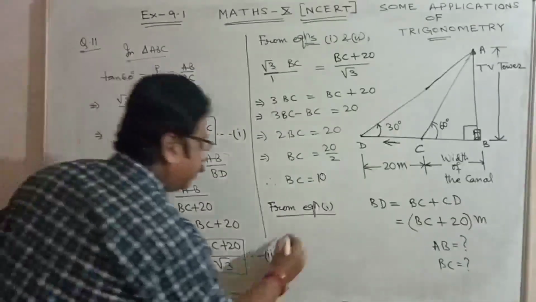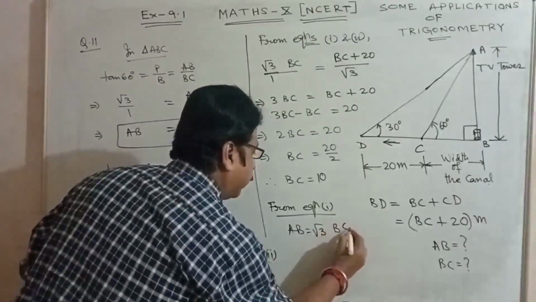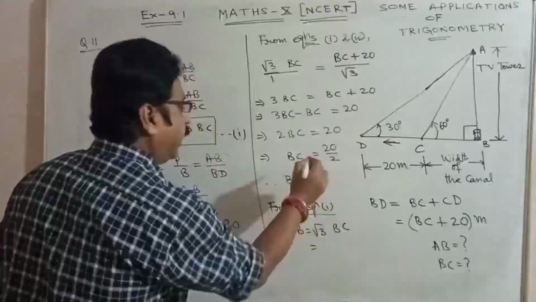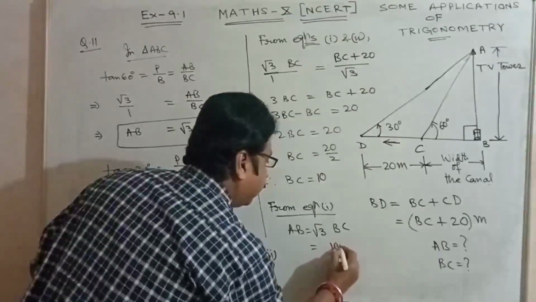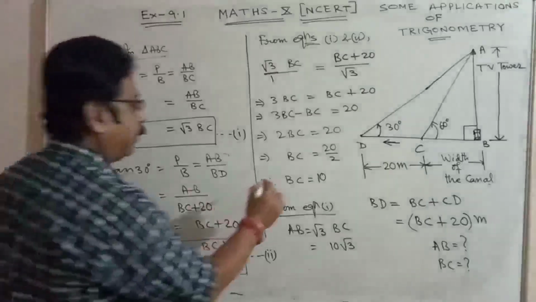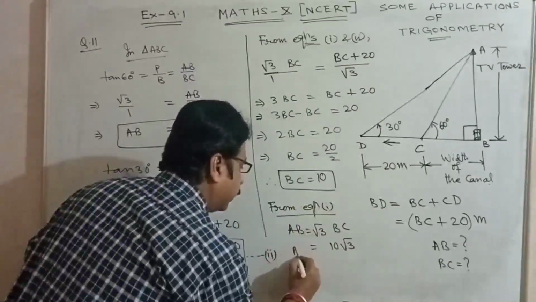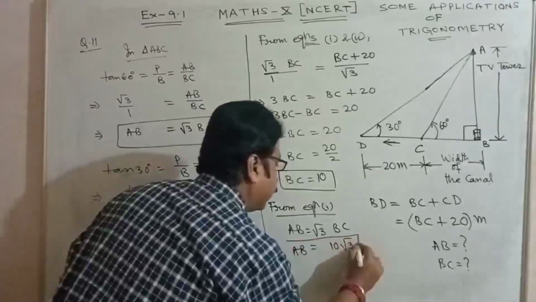AB equals to root 3 BC. BC is 10. We can write 10 root 3. So BC we got 10. AB we got 10 root 3.